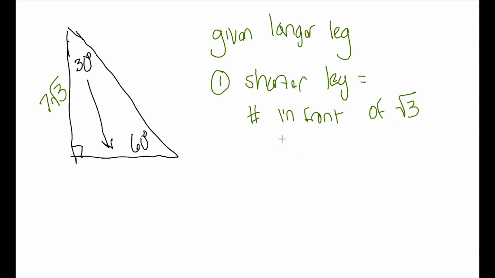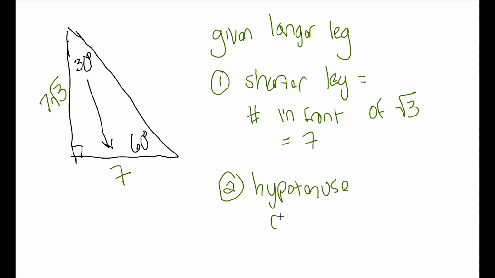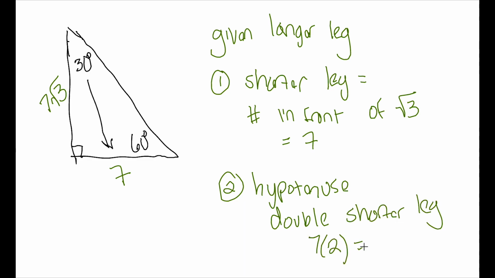So the shorter leg here equals 7, and that goes across from the 30. Next, to find the hypotenuse, we double the shorter leg. So that's 7 times 2, and my hypotenuse will be 14.